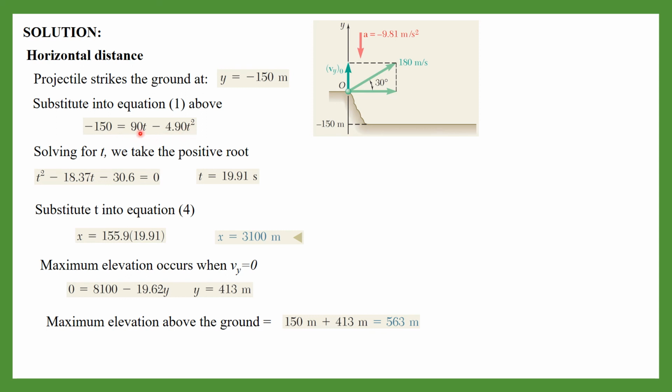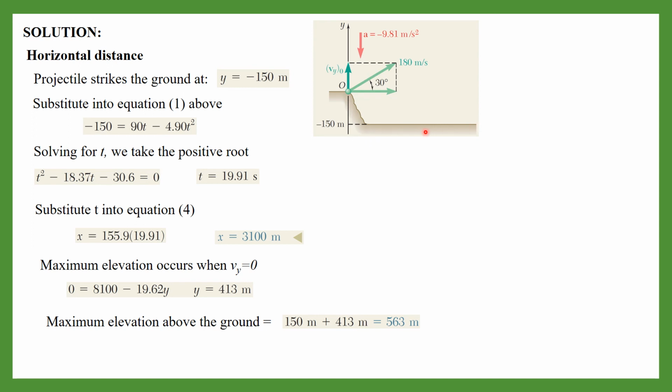Now in this equation we only have t as unknown, and this is a quadratic equation. When you solve this equation, t comes out to be 19.91 seconds. That means after 19.91 seconds, this projectile will hit the ground.